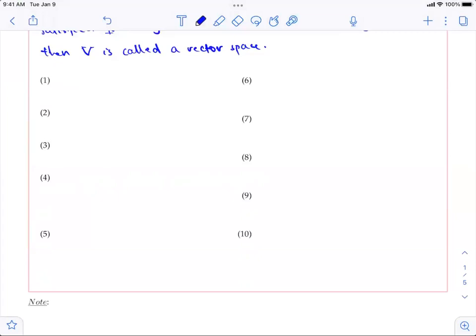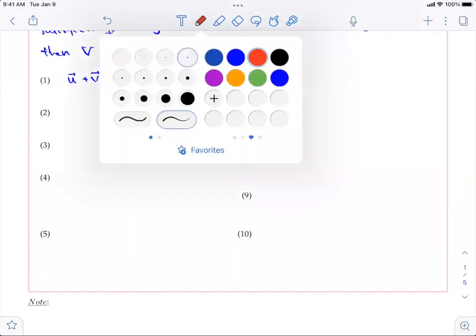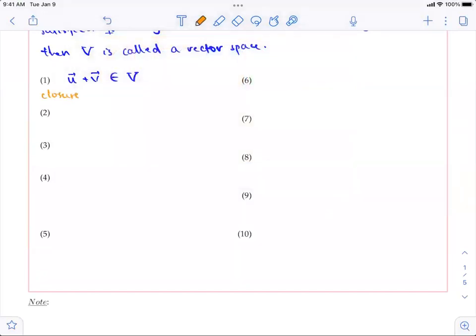The first property is that the vector addition is closed in V, so closure under vector additions. The second property is the commutative property of additions: u plus v is equal to v plus u.